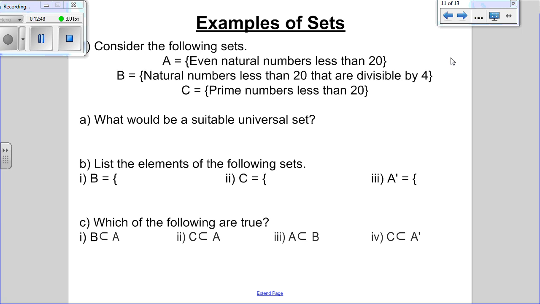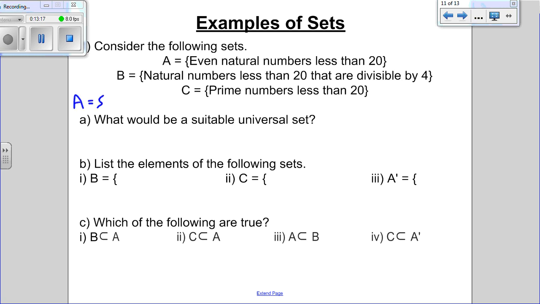My suggestion is when you get a question like this, where they've described what's within a set, it's honestly much easier if you list out what's in each set. Because it can be sometimes hard to think of all of them. So what I would do is I would go to each of these sets and I would write them out as lists. So I would say the things in A, even natural numbers less than 20.